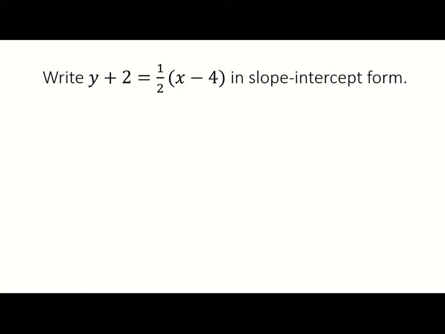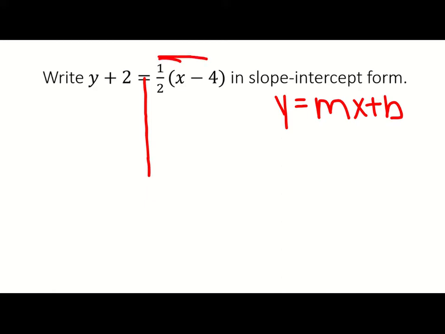We now want to take that equation and write it in slope-intercept form. So remember, slope-intercept form is y equals mx plus b. So I need to solve my equation in point-slope form for y. I'm going to start by drawing a line down my equals. And on the right-hand side, I want to distribute the 1/2. So 1/2 times x would be 1/2 x.